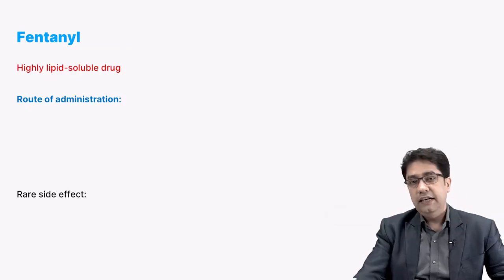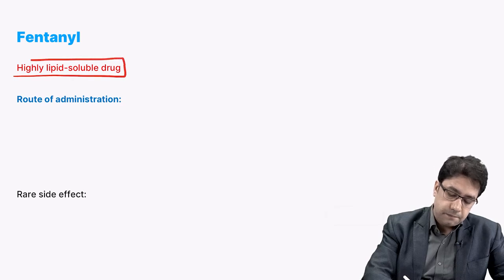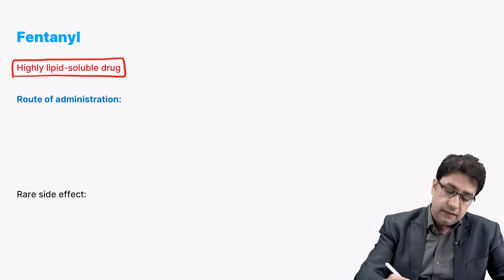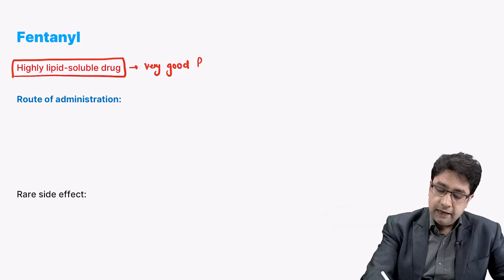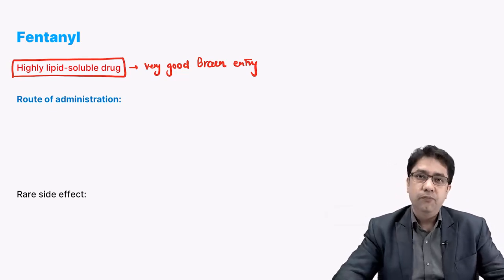So first is fentanyl. Fentanyl is a highly lipid soluble drug. That is why it has a very good brain entry. That is why it is the most potent opioid.